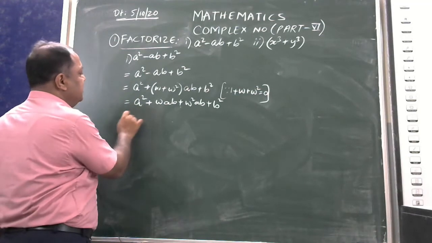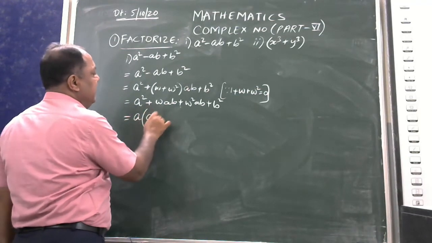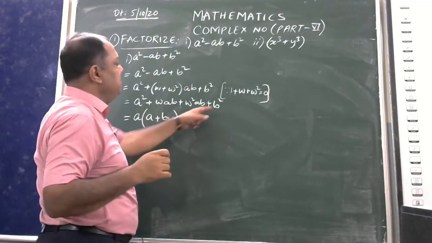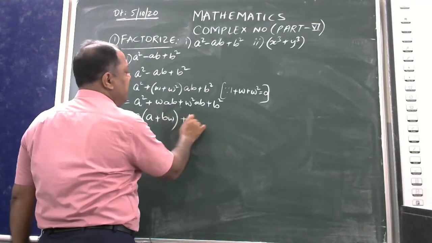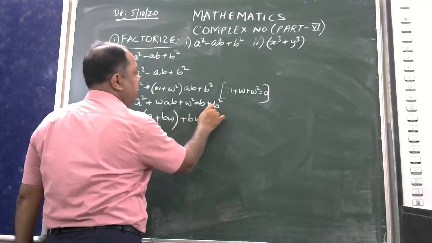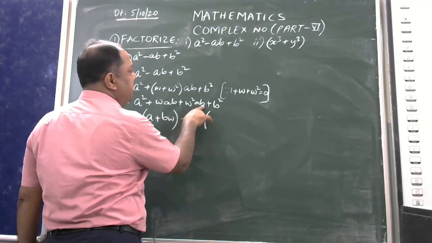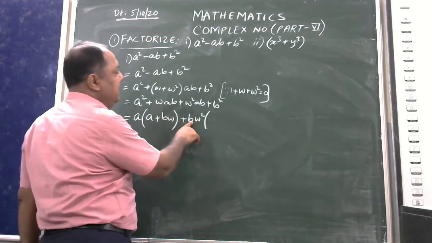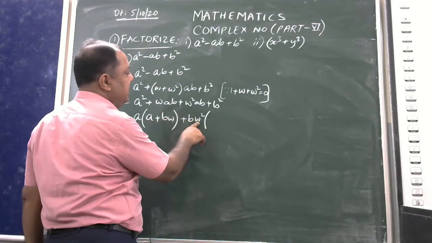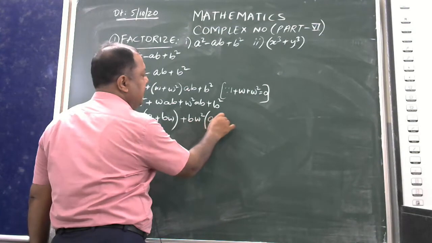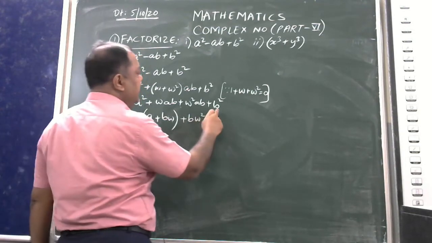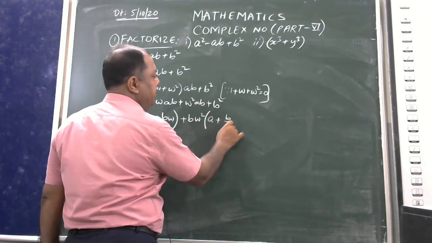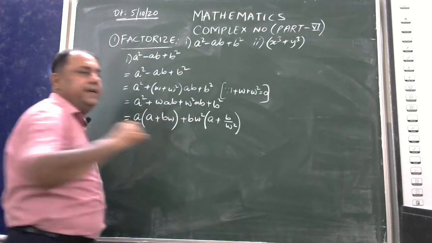From these two terms, I take a common, a plus b omega, and from these two terms, I take b omega square common, that is a plus b by omega square.